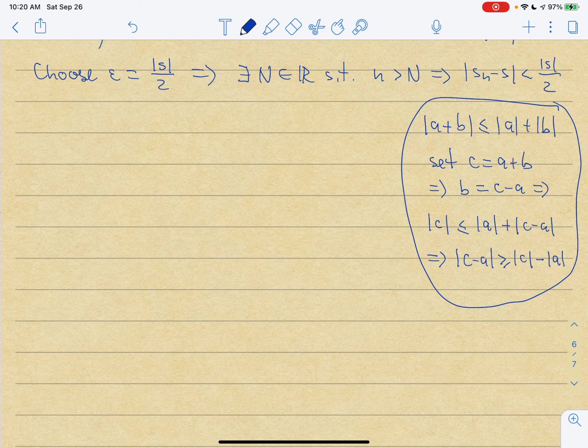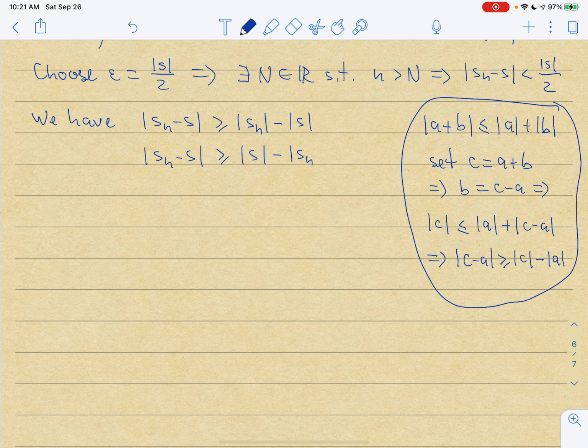So what is Sn minus S? Let's see. We have that absolute value of Sn minus S is greater or equal than absolute value of Sn minus absolute value of S. And likewise, it is going to be greater or equal than absolute value of S minus absolute value of Sn, because I can simply interchange Sn and S under my absolute value sign.